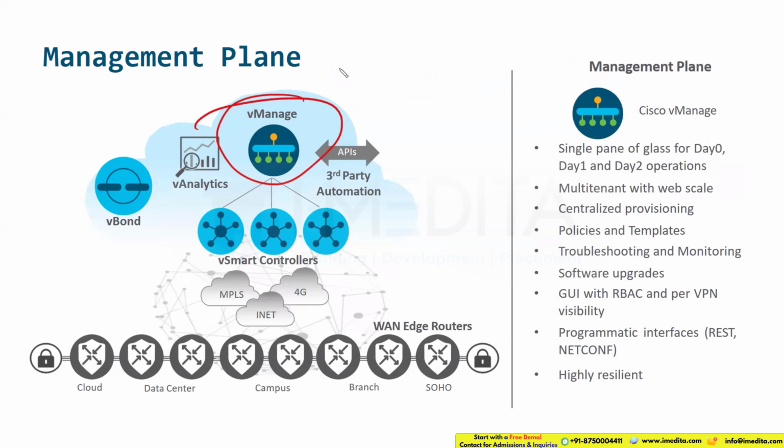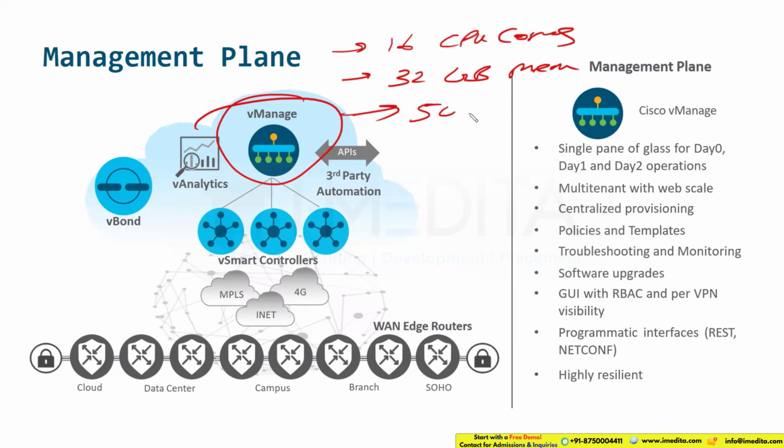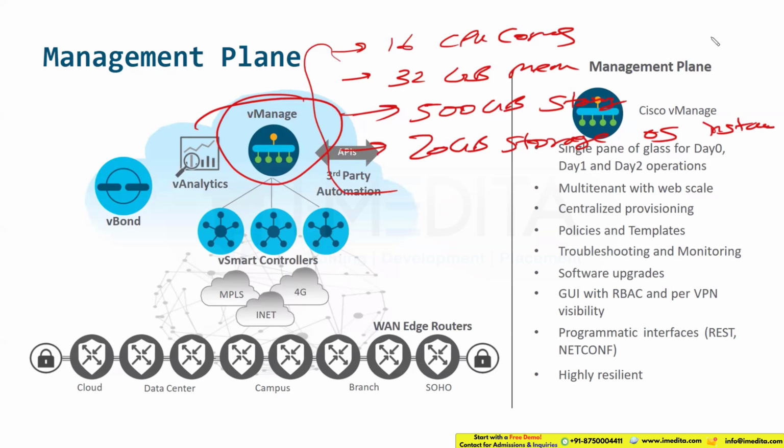The minimum that a single vManage requires is 16 CPU cores and 32 GB of memory, then 500 GB storage and 20 GB storage for OS installation. That is the minimum requirement for installing one vManage.